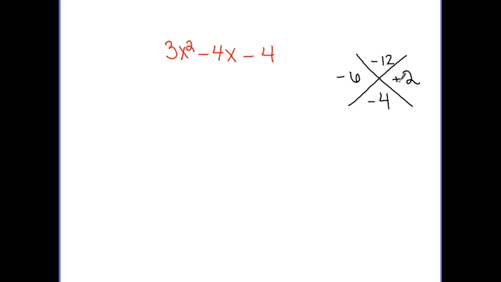You want to always put the negative first when you do your factor by grouping. So when I write these, I want to write 3x squared and whatever my negative is, then my positive. And the reason for that is you don't have to pull out the negative when you group your terms.